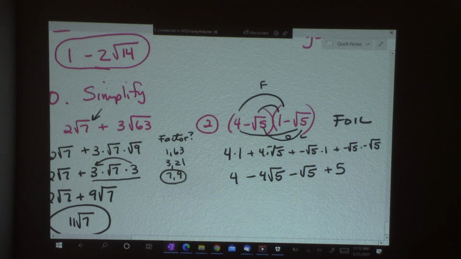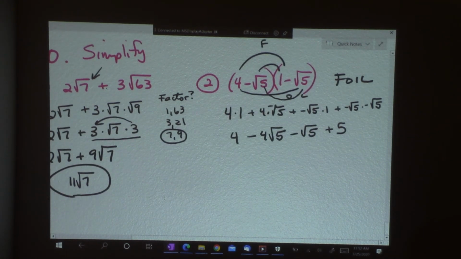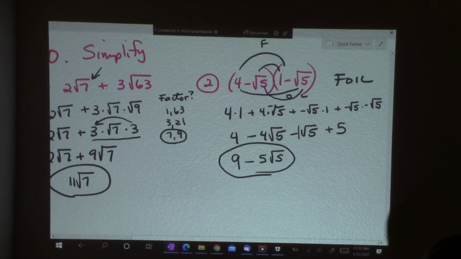All right, so let's figure it out. 4 plus 5 is 9, and if I don't see a number there, this is a 1. I can hear you guys in the kitchen, so then I get minus negative 4 and negative 1 is negative 5. So then my answer is 9 times 5 square roots of 5.